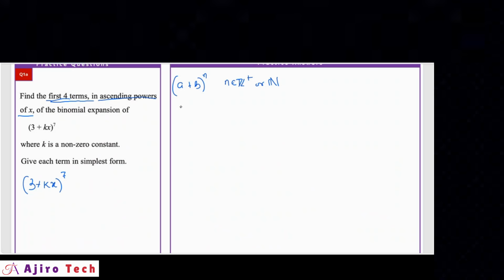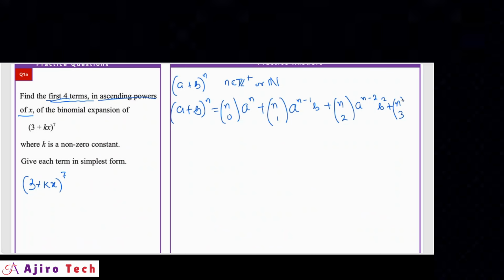So we say a plus b to the power of n equals n combination 0, a to the n, plus n combination 1, a to the n minus 1, b, plus n combination 2, a to the n minus 2, b squared, plus n combination 3, a to the n minus 3, b cubed, then plus, it continues like that. So we are going to use this.